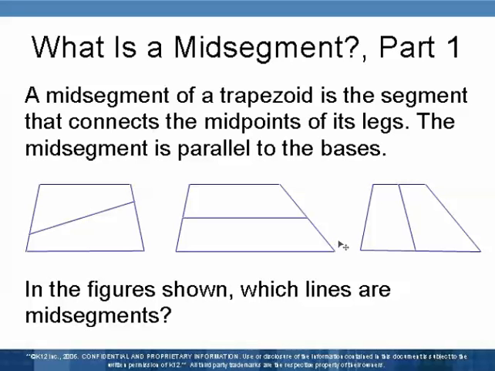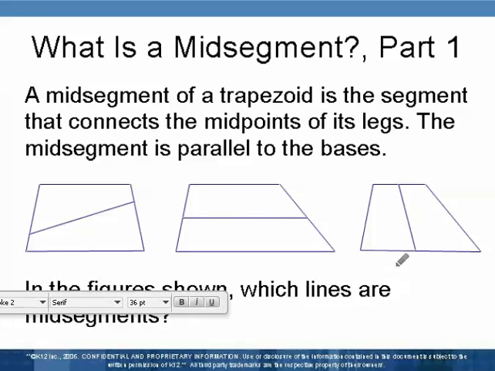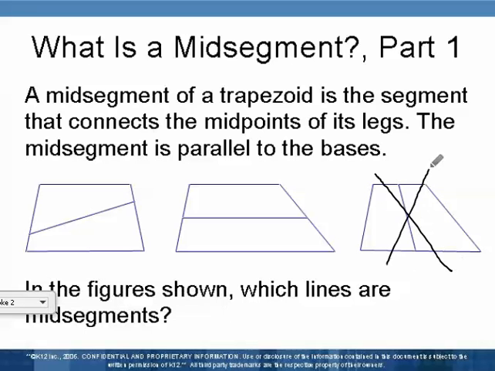So in this third one, we're not joining the parallel sides like these two are. So this one would not be a mid-segment. And this one is not joining the midpoints on the legs. You notice how this is much longer than this over here. So that's not a midpoint over here, and it's not a midpoint over here. So this one is not a mid-segment.